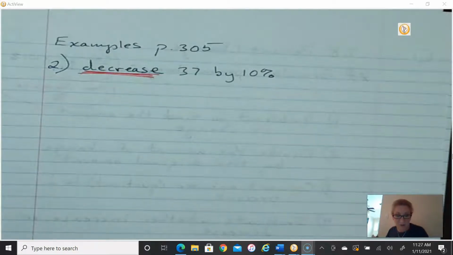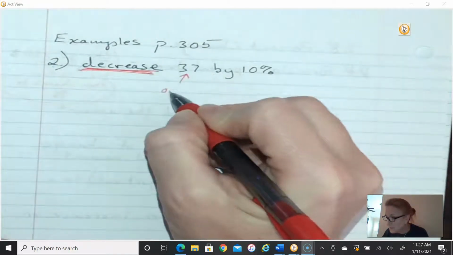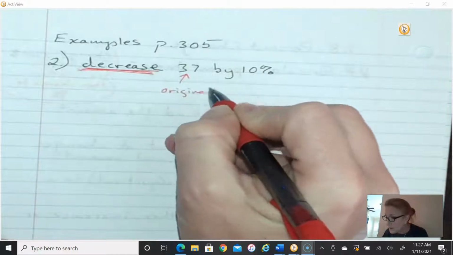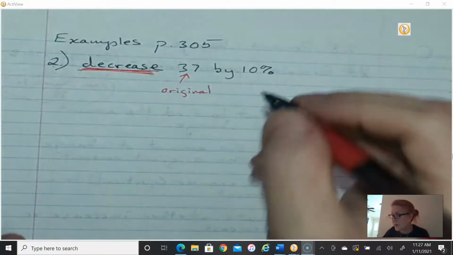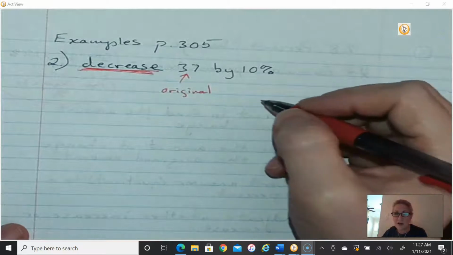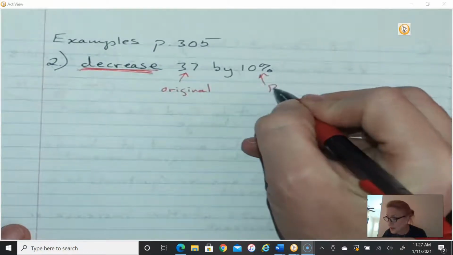It's a decrease, right? Okay, so this is your original. This time they didn't give you your new amount. They didn't give you the change. They didn't give you anything, did they? So that's why instead of giving you notes, we're going to do this together. This right here is your percent change.